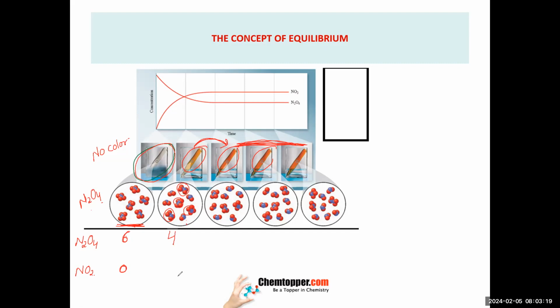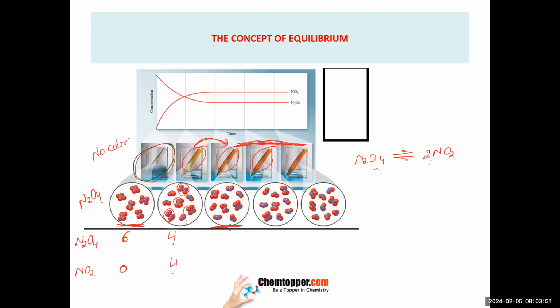And how many NO2s? Can you count the NO2s now? NO2s are also 4 because the equation is like this. N2O4 breaking down, 1 is breaking down to give you 2 NO2. So if it is 6 to 4, it means 2 has reacted. 2 will give you 4. Take care of this coefficient. How many here?